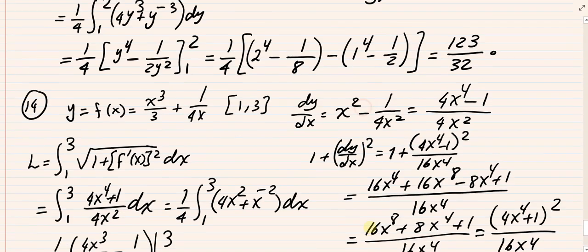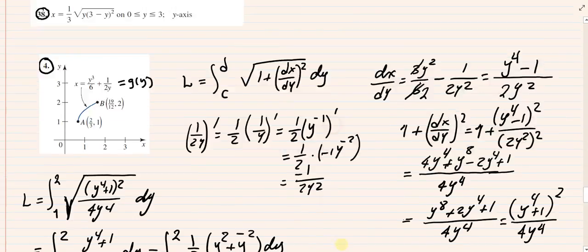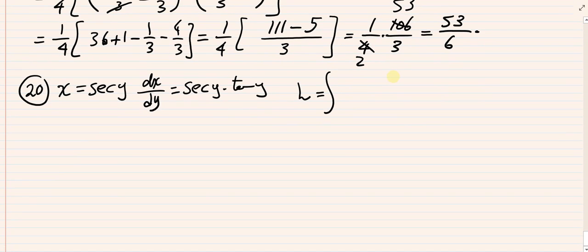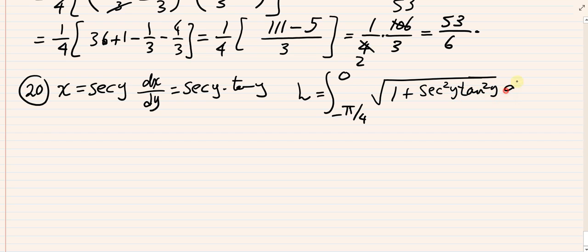Now it's on y. So for exercise number 20, the y goes from negative pi over 4 to 0, right? So I'm going to go from negative pi over 4 to 0 of the square root of 1 plus secant squared y tan squared y, and then dy.